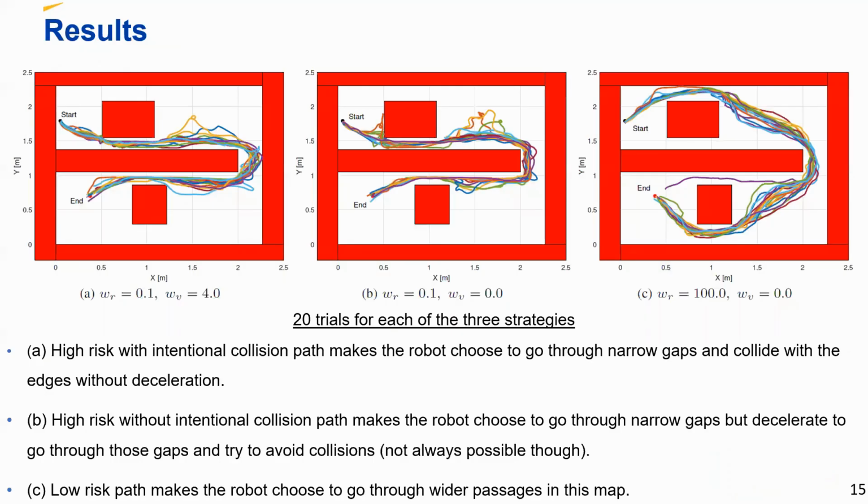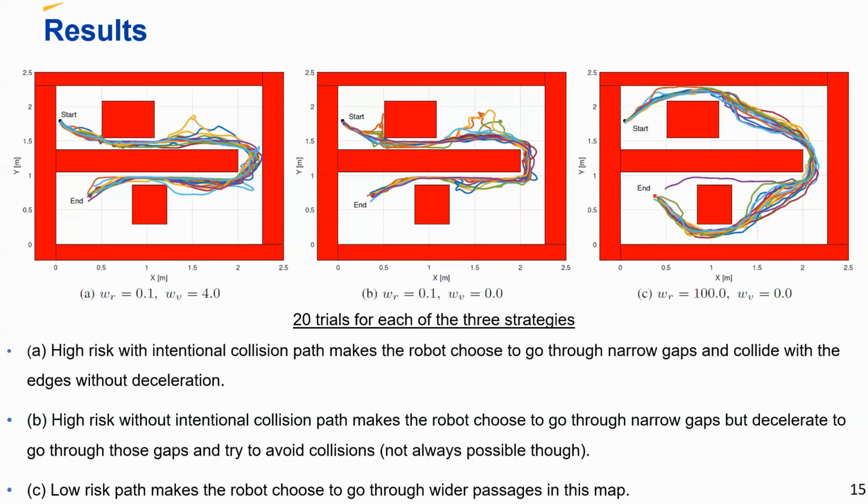In this experiment, we performed 20 trials for each of the 3 strategies. We can see that the high-risk path with intentional collision makes the robot choose to go through narrow gaps and collide with the edges without decelerating. The high-risk path without intentional collision makes the robot choose to go through narrow gaps, but it decelerates to go through those gaps and tries to avoid collisions, though it is not always possible.